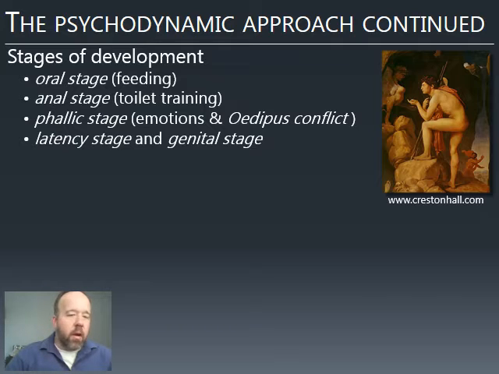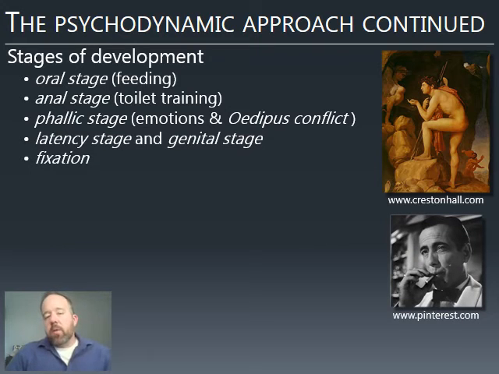Later on, the individual enters what Freud called the genital stage, which is puberty. And to Freud, the person was consistent. Their personality was set at that point. So puberty was the onset of adulthood and the point at which development of personality ceased.